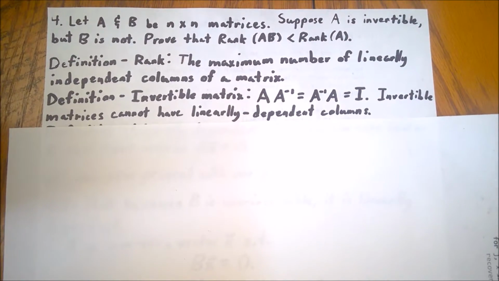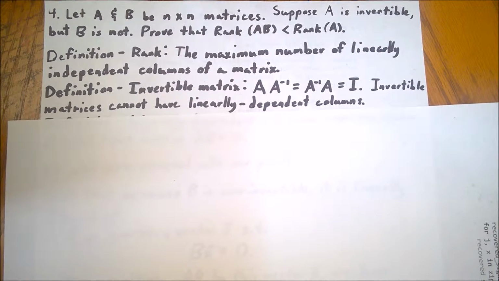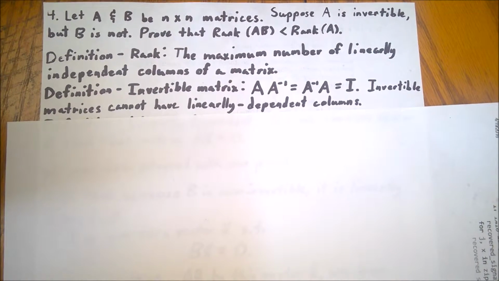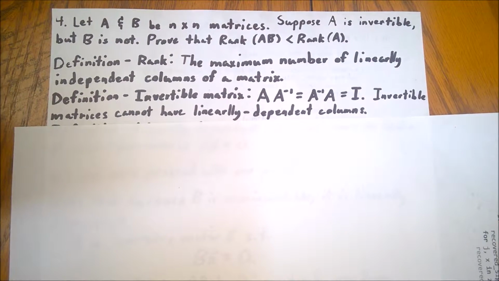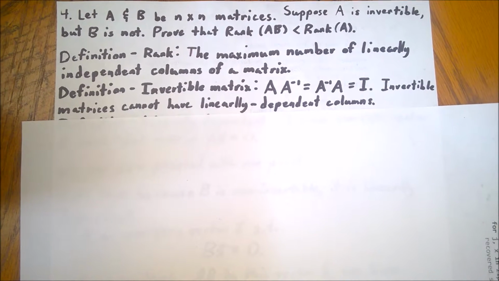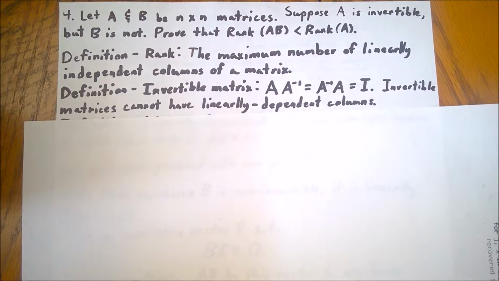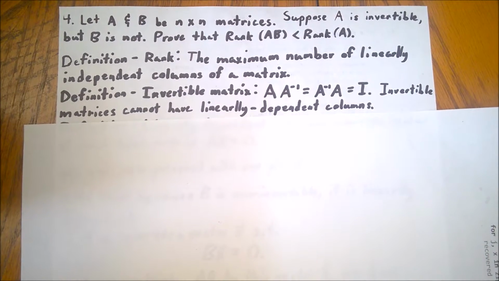The definition of an invertible matrix. So we have here A times A inverse is equal to A inverse times A, which is equal to I, which is the identity matrix. Invertible matrices cannot have linearly dependent columns, and the reason for this is because an invertible matrix only has one unique inverse, in this case being A inverse.